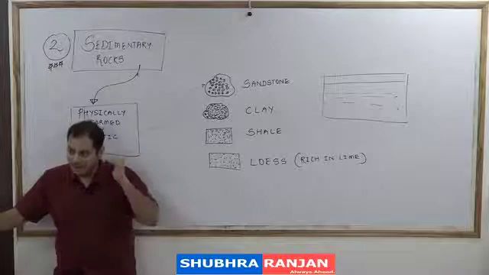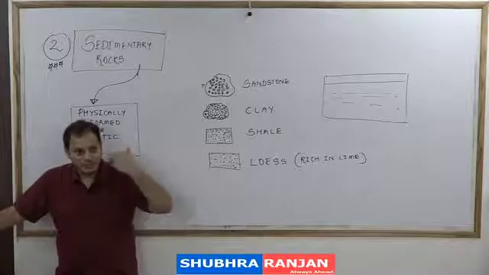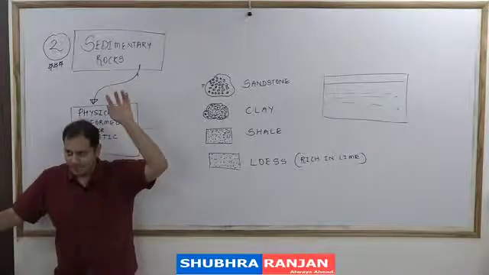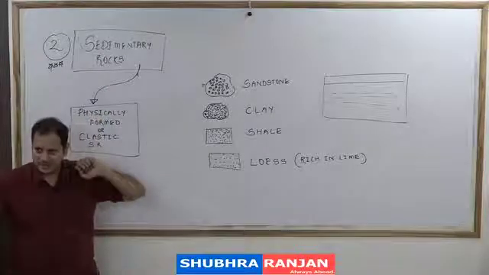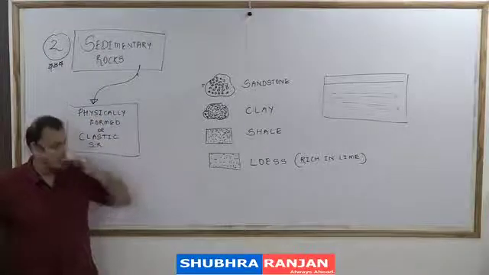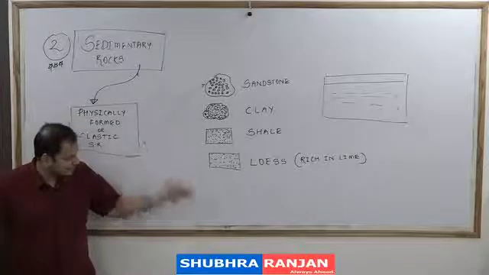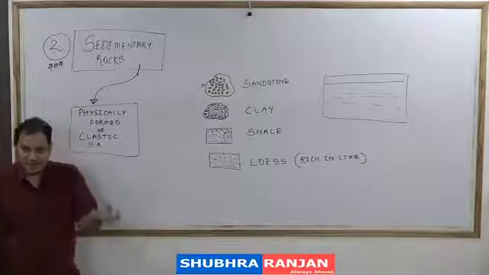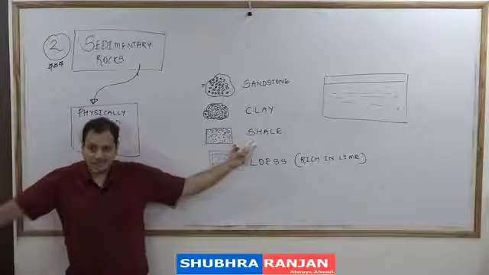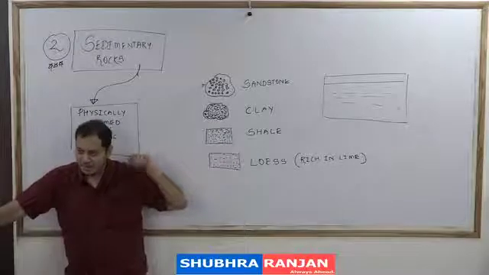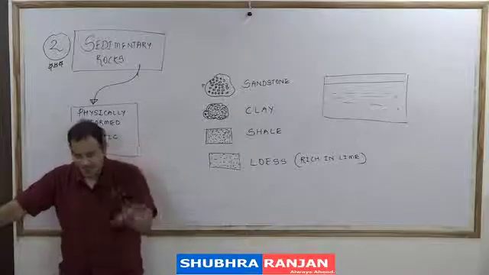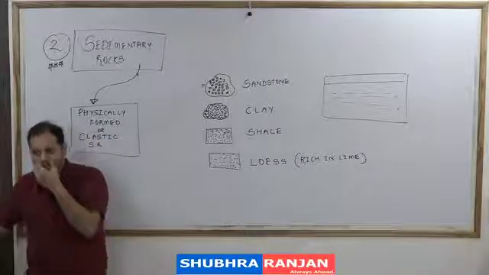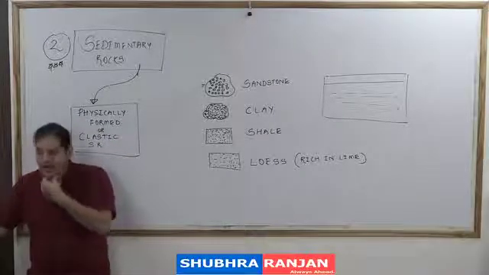If it were permeable and porous, the carbon would easily have escaped, there would be no breakdown, and there would not have been gas. But because it is non-permeable and non-porous, the carbon gets trapped inside and we find gas in it, that is shale gas. Nowadays there is a lot of focus on shale gas. Does India have shale gas deposits? Yes. Where?